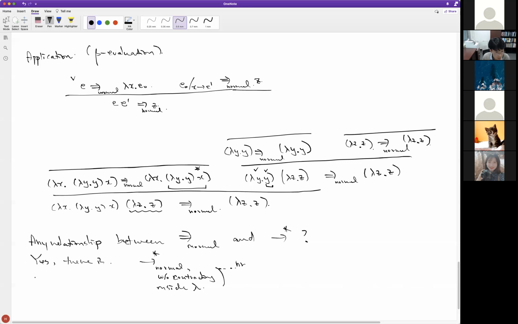So then we can prove some theorem, which is Proposition 10.6.